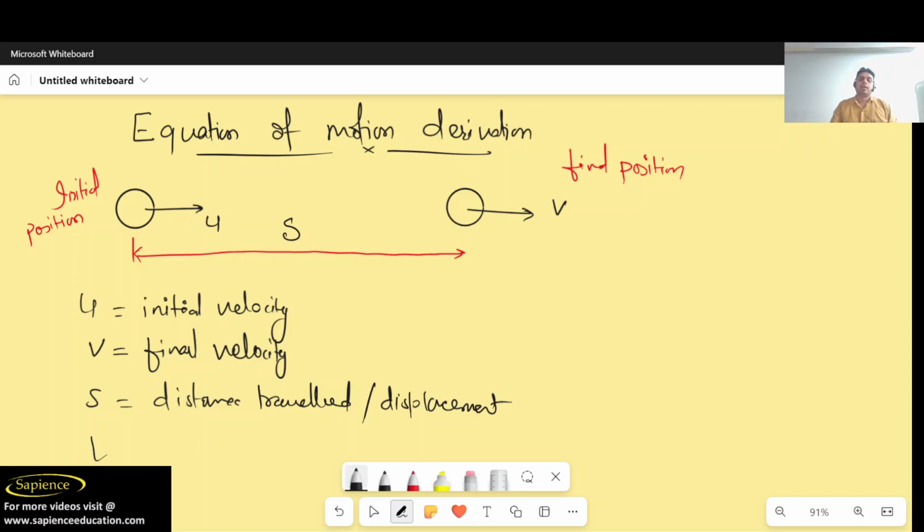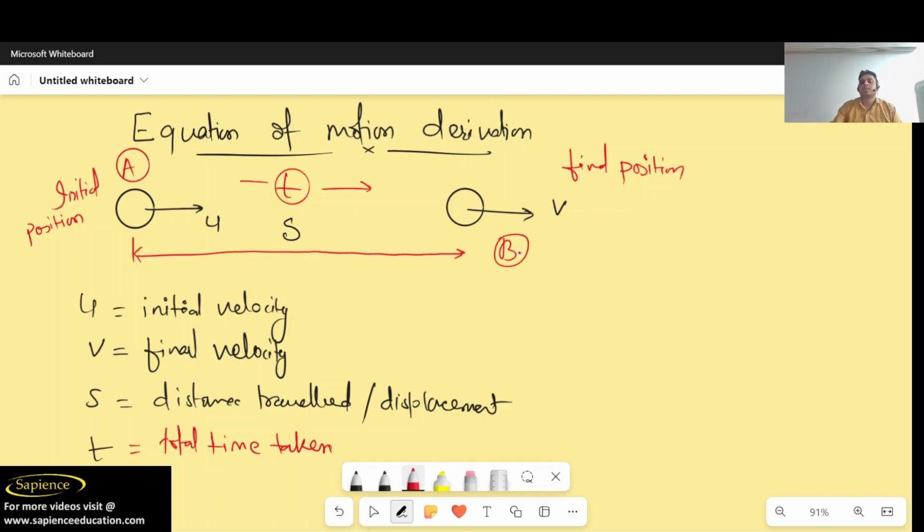t is time taken. Suppose t is the time taken by object to move from initial to final. So t is total time taken. Understood? So this thing you need to understand, that an object is at an initial position, that is a, and at a final position it is b.